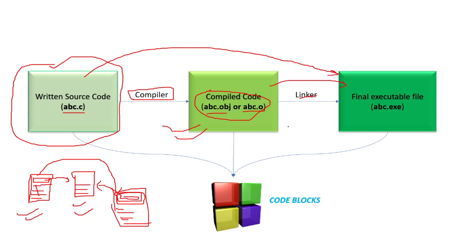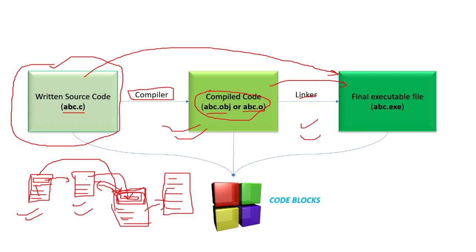Whatever file is referenced here will be picked up and merged with this particular file, and then a resultant exe file will be created, which will be a self-standing file that doesn't need any other file for its execution.